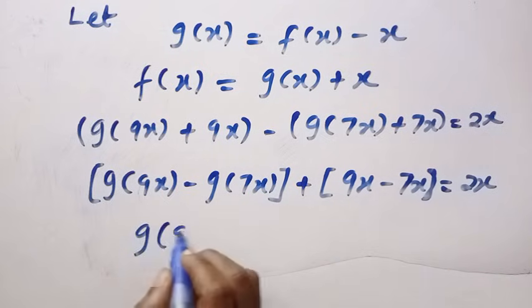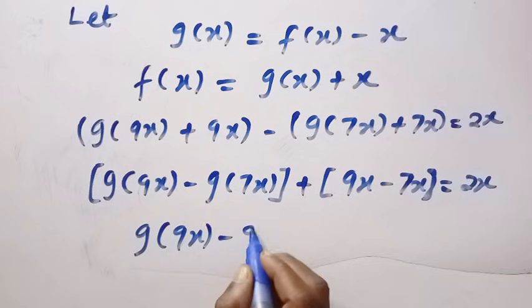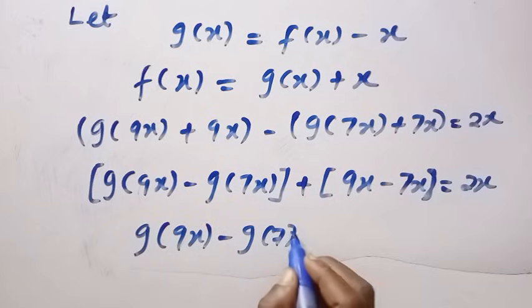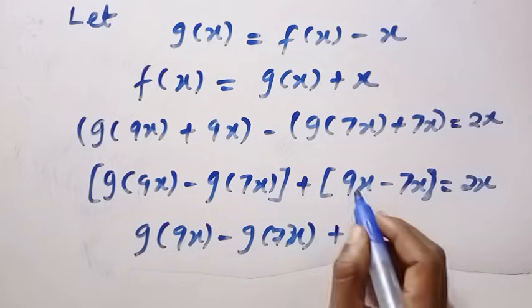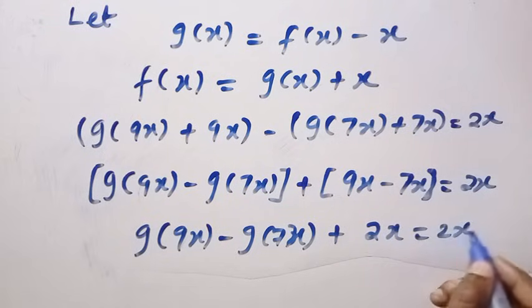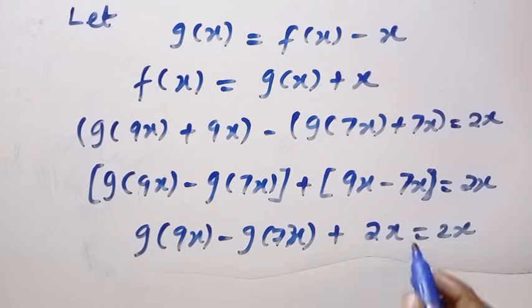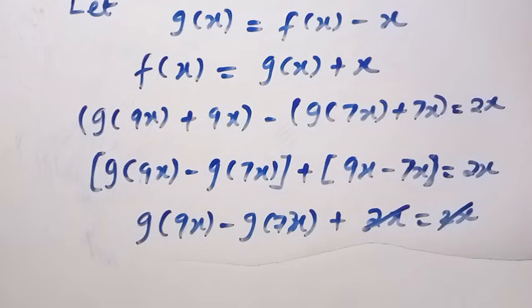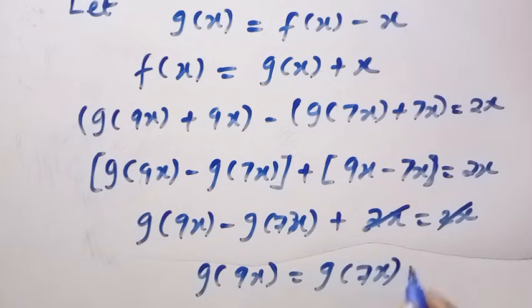So here is g of 9x minus g of 7x plus 9x minus 7x, which is 2x, equals 2x. So 2x cancels 2x, and this shows that g of 9x equals g of 7x. This is for all values of x.